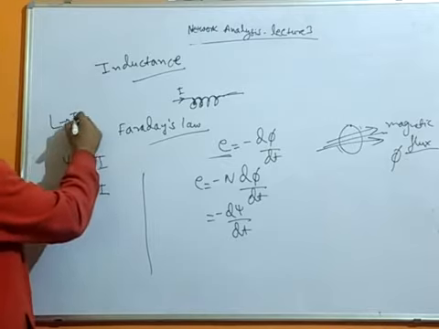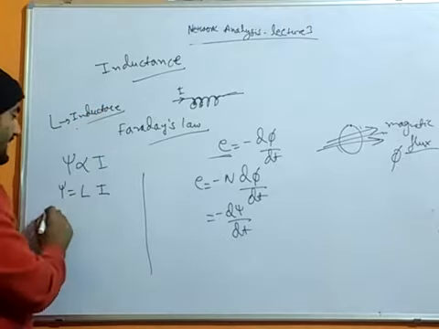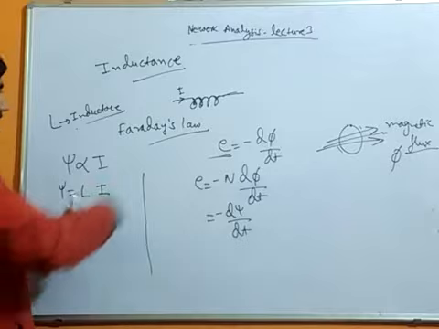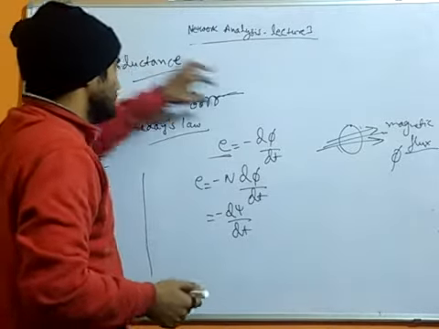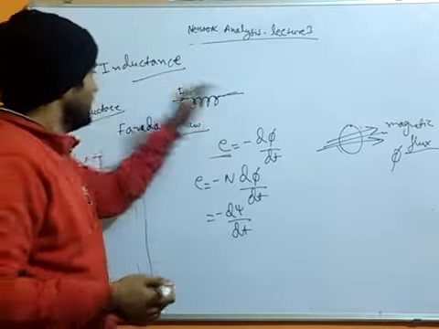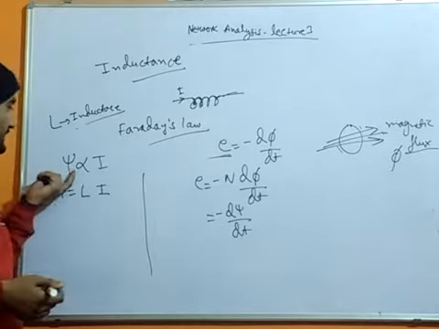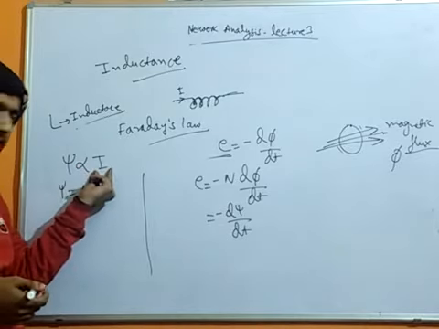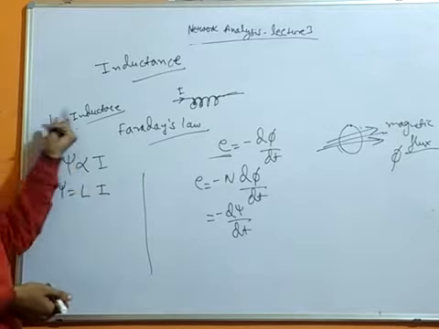This L is inductance. So overall we get psi equals Li, meaning if the current is more, the flux linkage will be more. If the current is less, the flux linkage will be less. So overall the flux linkage will be proportional to I, the current, and there will be a proportionality constant, and that is L, meaning inductance.